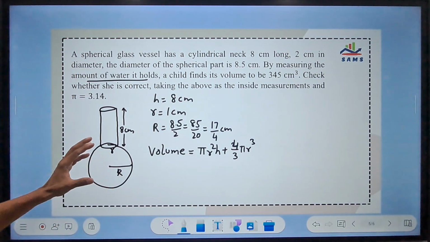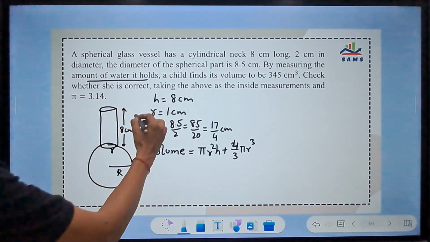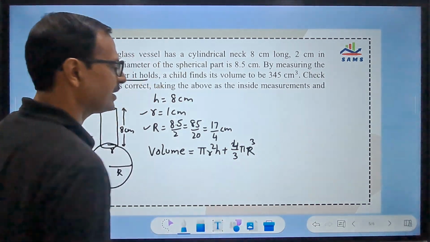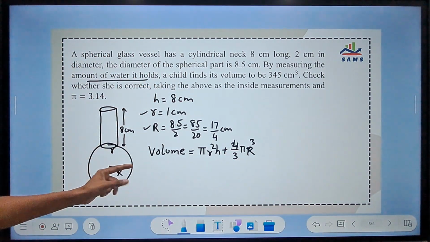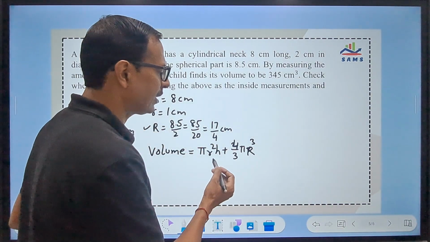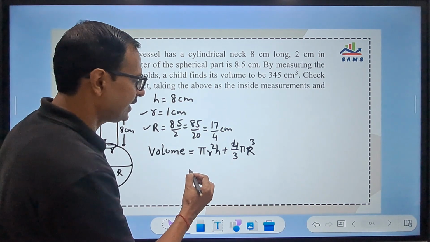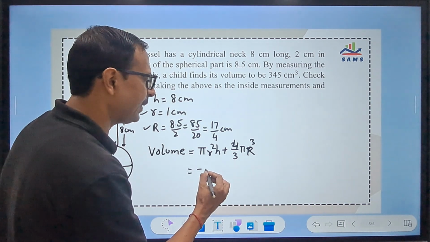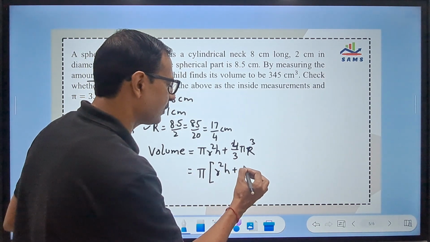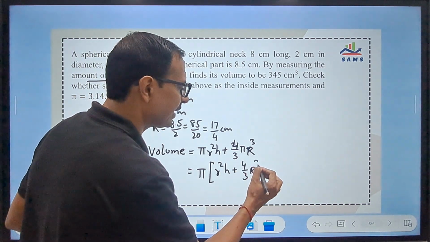Now we need to take care about one thing. The radii of the two figures are different. So in the case of the sphere, we have assumed capital R. So you should ensure that you are putting the correct alphabets. And then take out the common factor. Only pi is a common factor here.